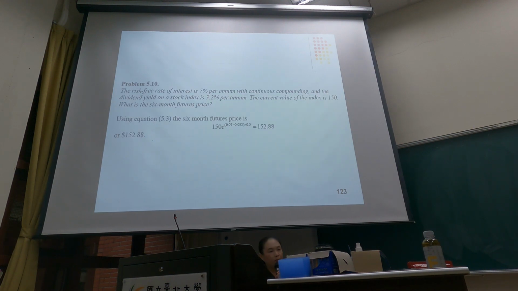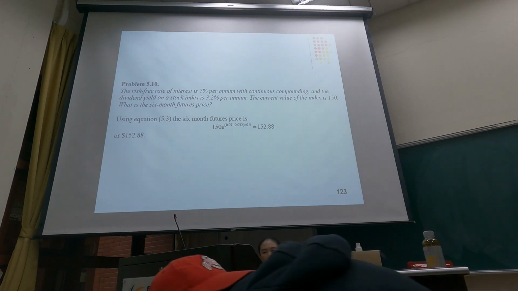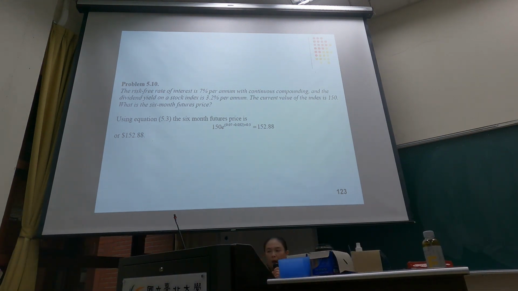Let's continue. The risk-free interest rate is 7% per annum, that's R. The dividend yield on the stock is 3.2%, that's Q. The current value is S0. Six months is T, 6 months over 12 months, so T is 0.5.